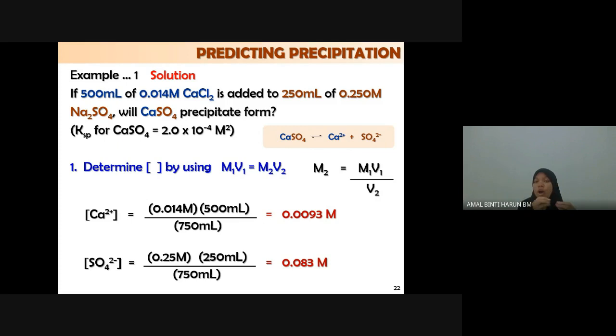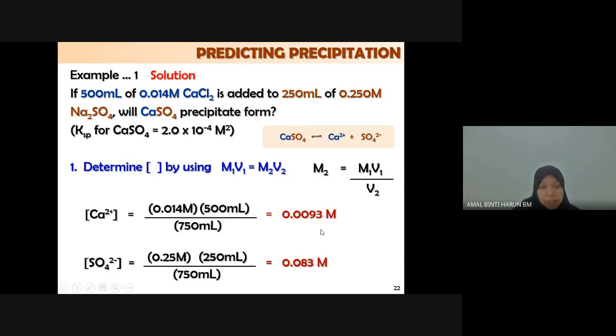So number of mole yang asal over new volume. Itu saja yang you perlu buat. Cari mol kalsium yang asal, cari sulfate mol yang asal, kemudian over new volume. Okay. Ataupun M1V1 equal to M2V2.